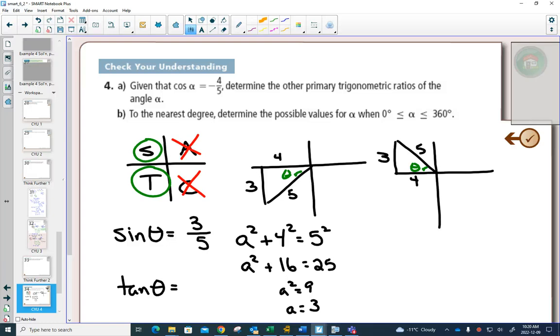Oh, I made a tiny notation error. Let me just take out the eraser. If the angle is theta, your reference angle should be theta r. If the angle is x, your reference angle should be x with a little r. Since our angle was alpha, our reference angle should be alpha with a little r. And I also need to change these thetas to alphas. Sorry about that.